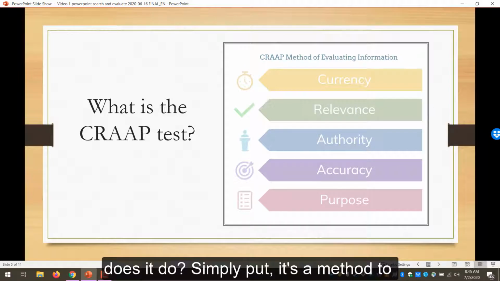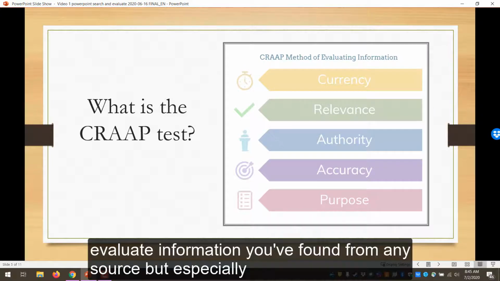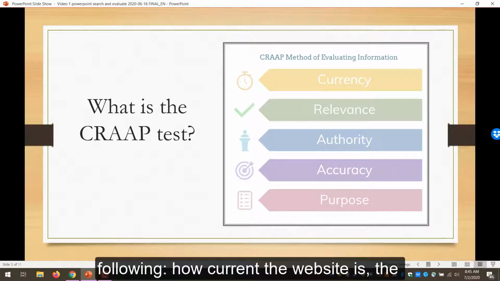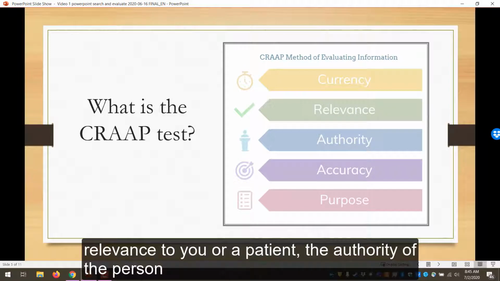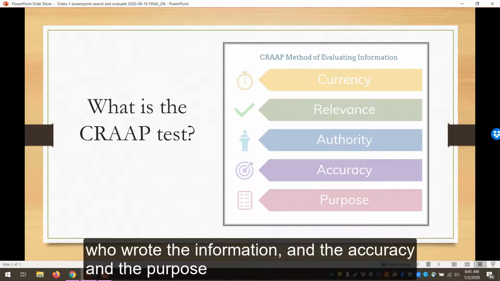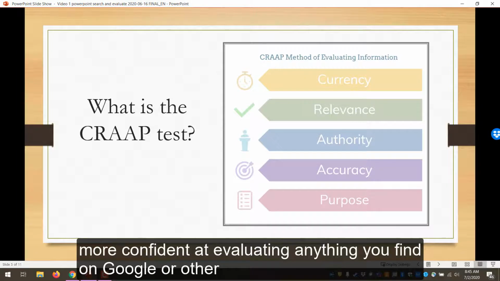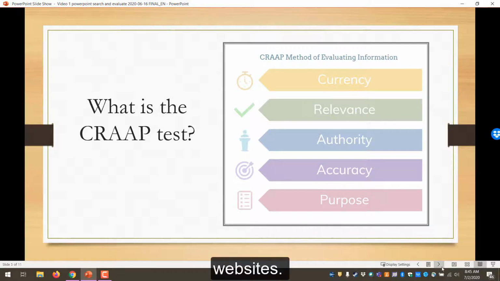Simply put, it's a method to evaluate information you found from any source, but especially used to evaluate web pages. We take a look at the following: how current the website is, the relevance to you or a patient, the authority of the person who wrote the information, and the accuracy and the purpose of the information. This test can help you become more confident at evaluating anything you find on Google or other websites.